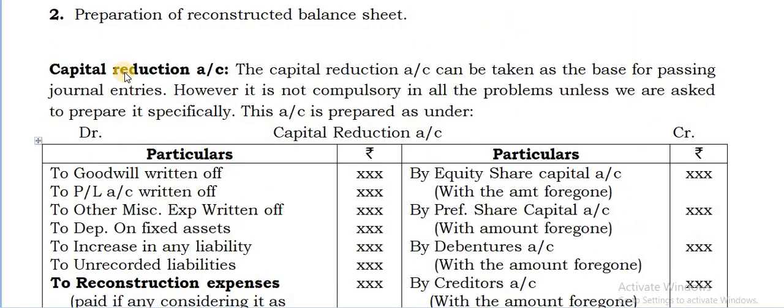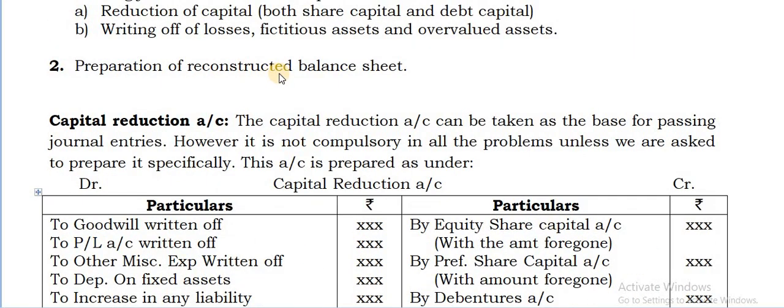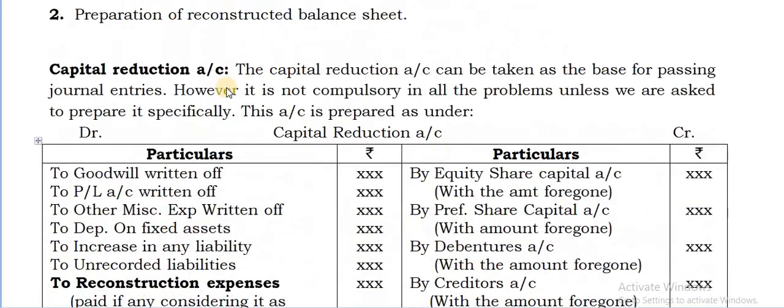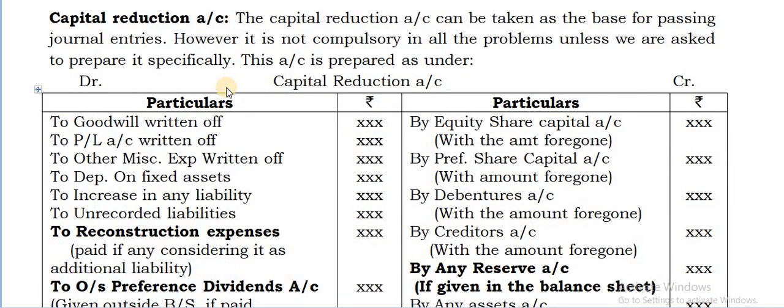Before we proceed with the accounting procedure, I suggest you learn about the capital reduction account, because whatever is found in the capital reduction account is taken separately as an entry to be passed at the time of internal reconstruction.